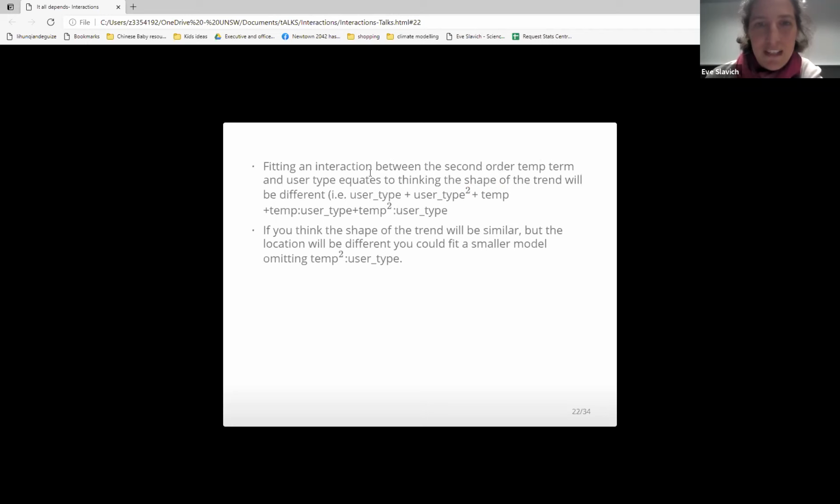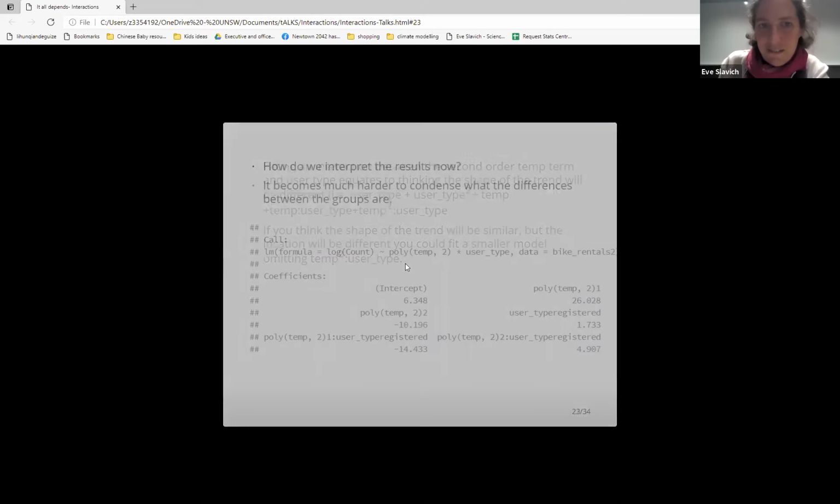So if we fit that interaction between temperature squared and user type, that equates to us thinking that the shape of the trend is going to be different. If you think the shape of the trend is going to be similar, but the location will be different, you could fit a smaller model that just has temperature and user type interacting, but it doesn't have temperature squared and user type interacting.